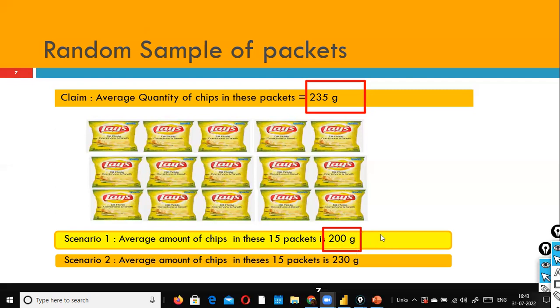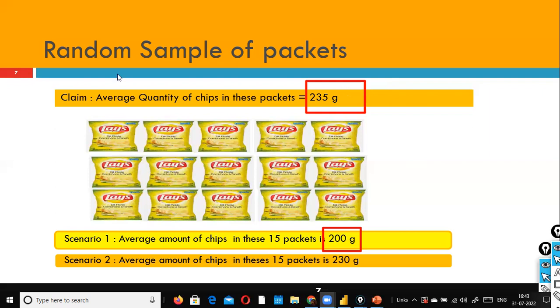In scenario one, you are getting 200 gram, so obviously you say that the statement made by the manufacturer was not correct. I'm going to reject it because it comes to around 200 gram only. But in this case, it is somewhat close to it.